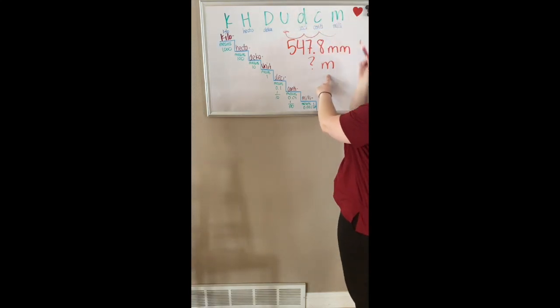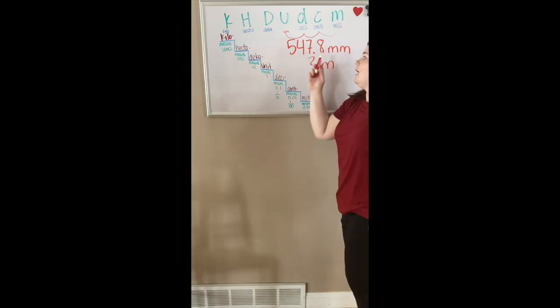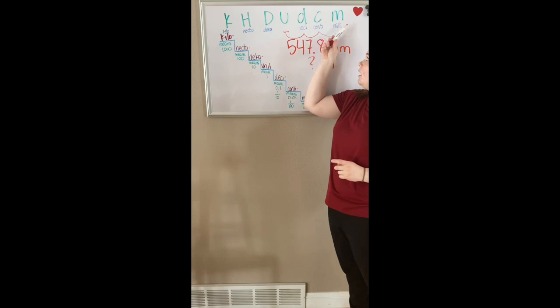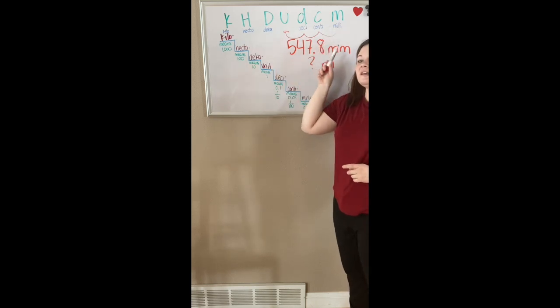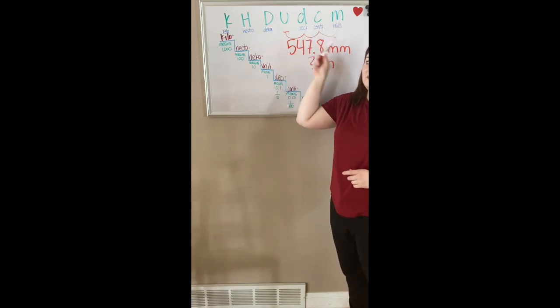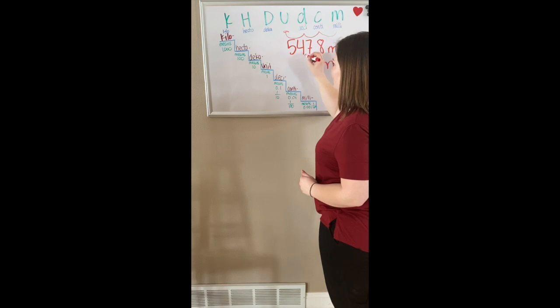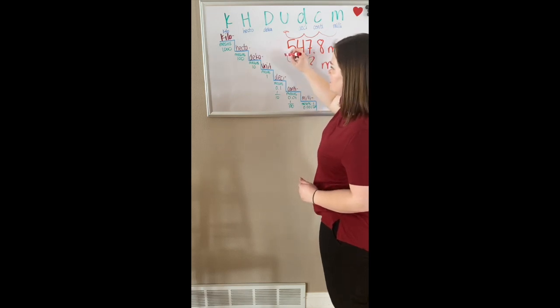which is my unit or my base, okay? So now I start at the decimal and I go the same direction that I went on my chart, and I move the decimal however many whoop-de-whoops. So in this case, I did 3 whoop-de-whoops, so I'm going to move my decimal 3 whoop-de-whoops. So I would go whoop, whoop, whoop, and I put my decimal there.